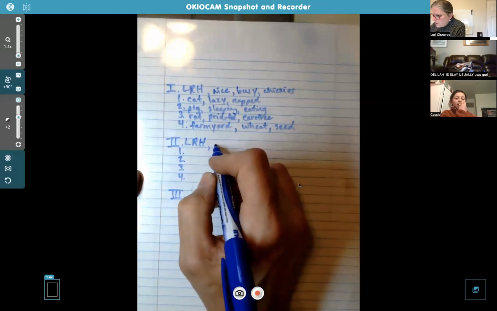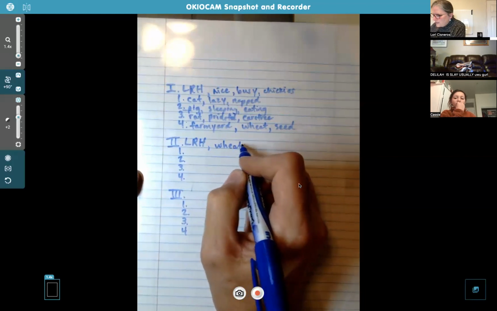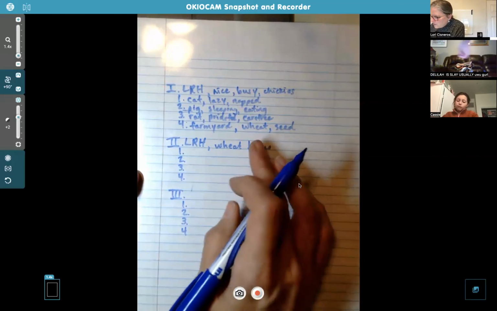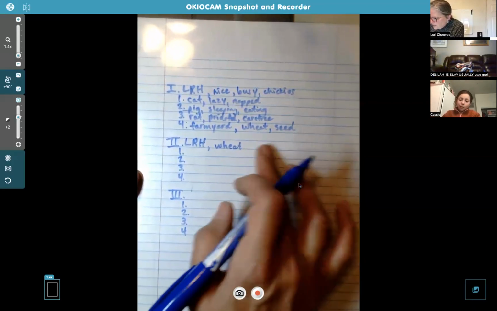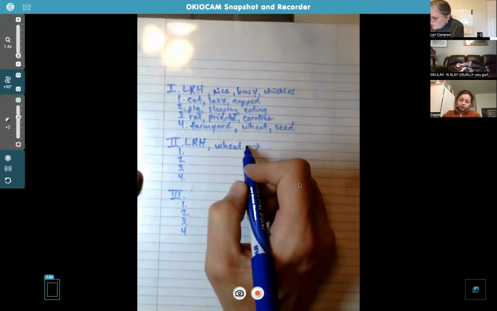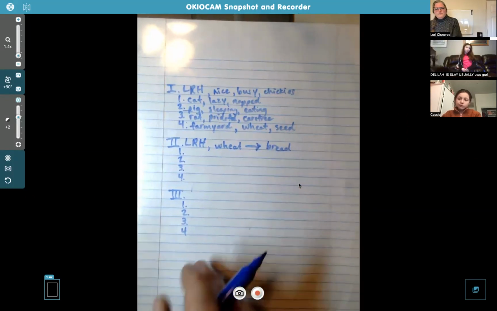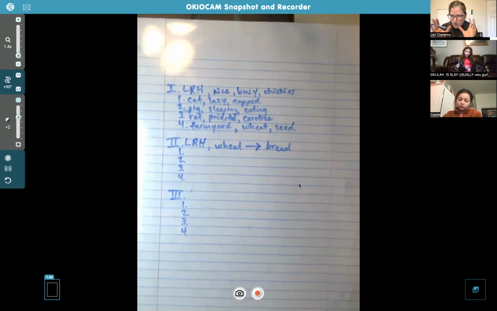She wanted to turn the wheat into bread. Oops, hold on a second. Let me fix that. Sorry, Cassie. I'm going to draw an arrow to bread. So this is the middle of the story. When we were talking about the story sequence chart, in the middle is the conflict and the problem.